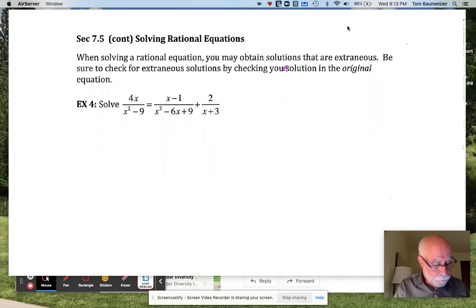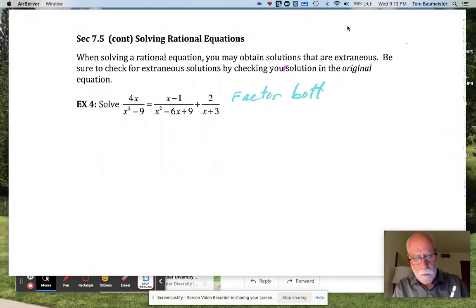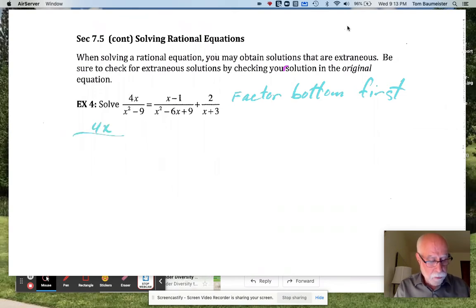All right, so again, we're going to factor the bottom first. When I factor the bottom first, on the first one I'll have 4x. Remember, that's x squared minus 9.